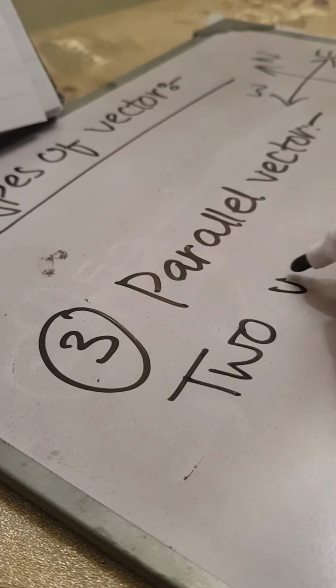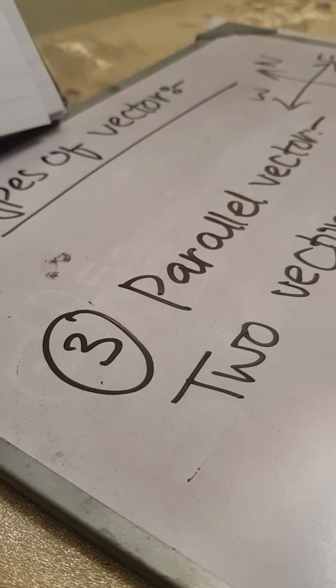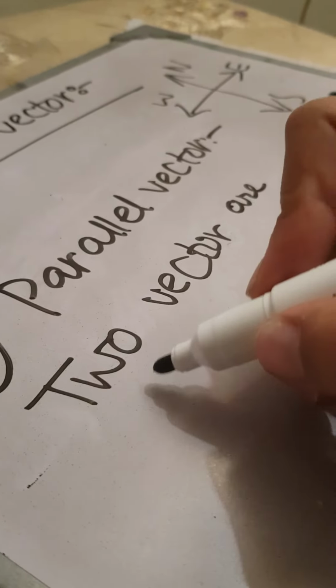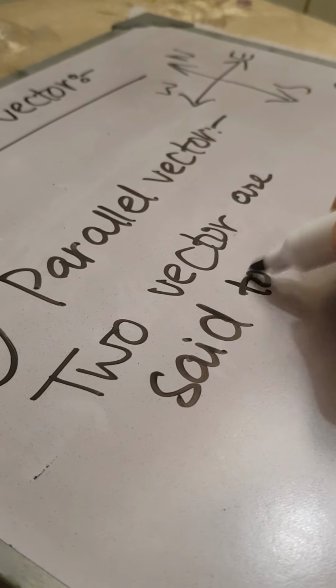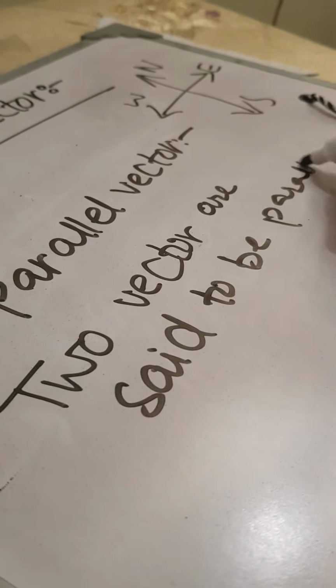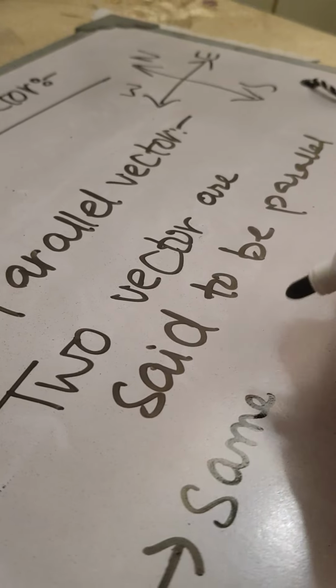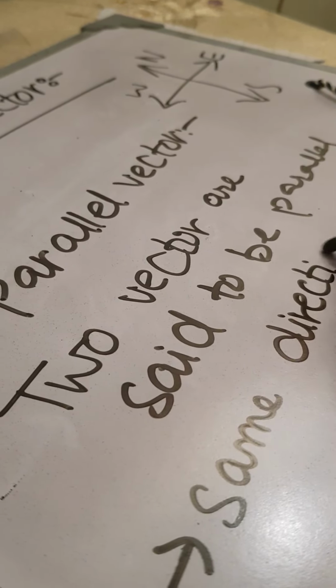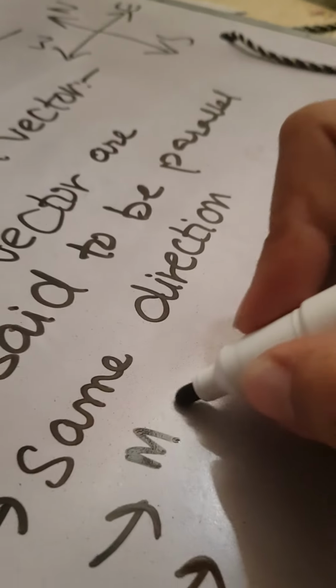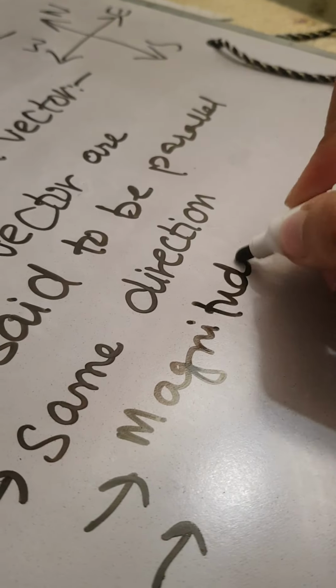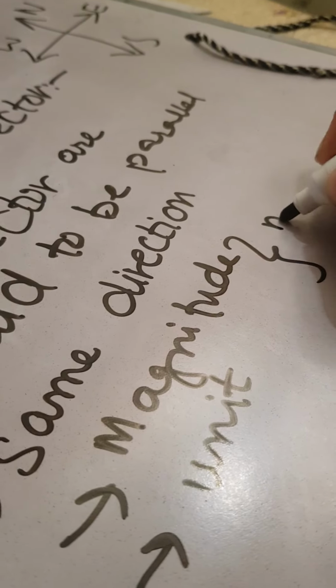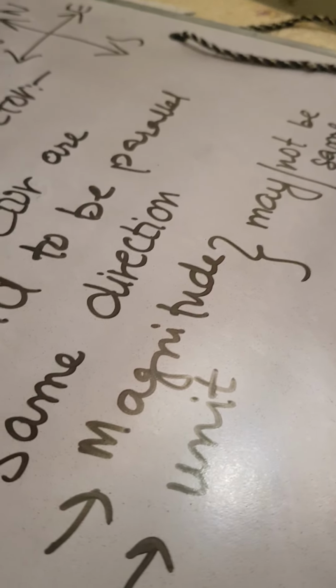We can see that two vectors are said to be parallel if they have the same direction, and it depends upon the situation whether the unit and magnitude will be the same or not.